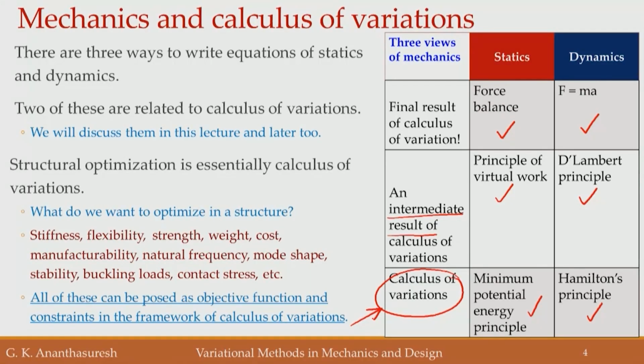And what do we optimize for? All of those are listed here. When you think of a structure as a designer, you would be interested in stiffness, flexibility, strength, weight, cost, manufacturability, natural frequencies, mode shapes, stability such as buckling loads, and then contact stresses and things like that. For all of these things we can pose calculus of variations problems.